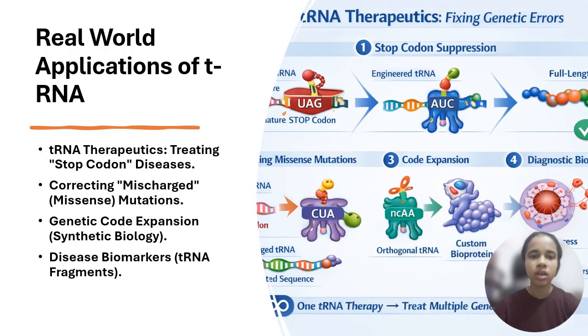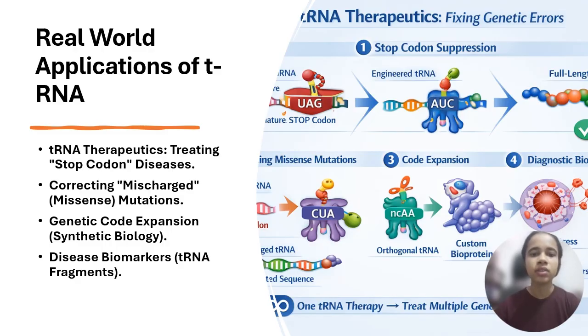Now let's understand that transfer RNA isn't just for making proteins. It's also opening up new exciting possibilities in medicine and biotechnology. Scientists are exploring engineered tRNAs to help treat genetic diseases caused by premature stop codons, allowing production of complete functional proteins.